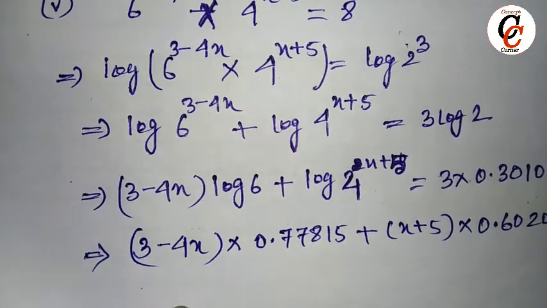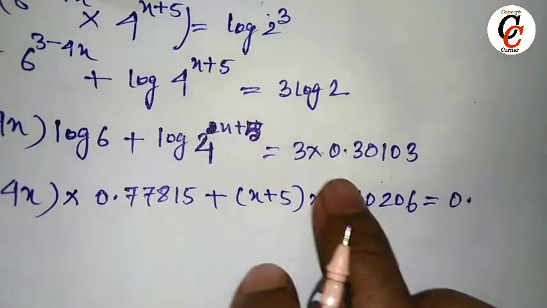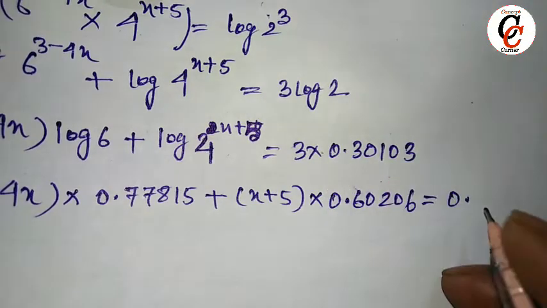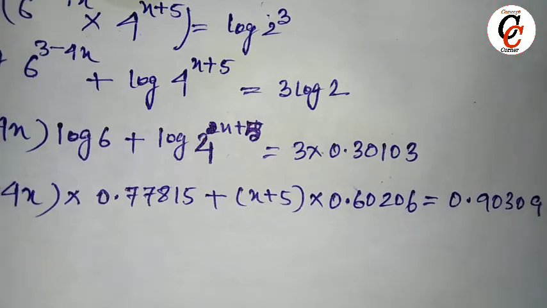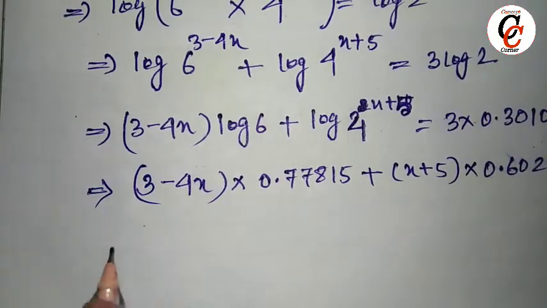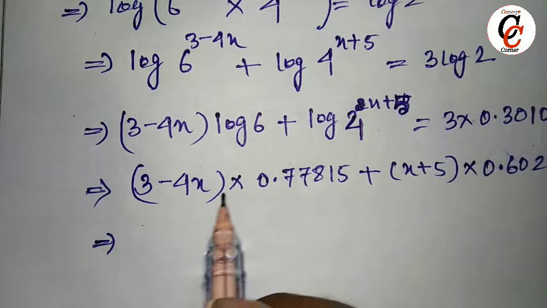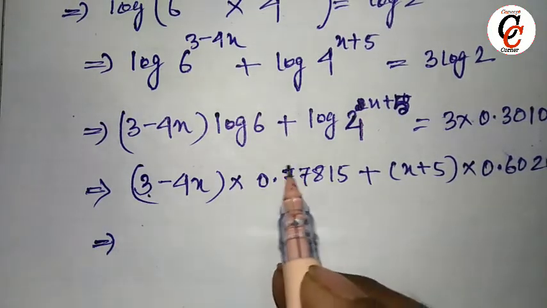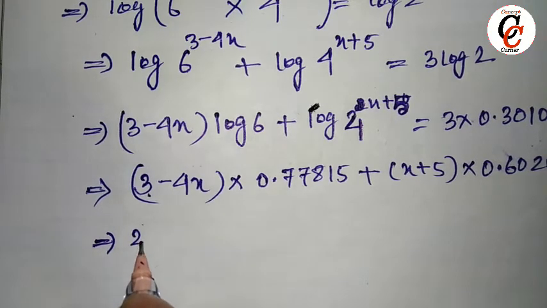Log of 4 means we can write 0.60206, and if we multiply by 3 we will get 0.90309.